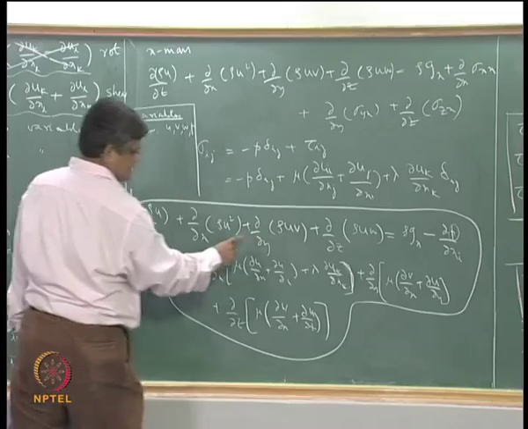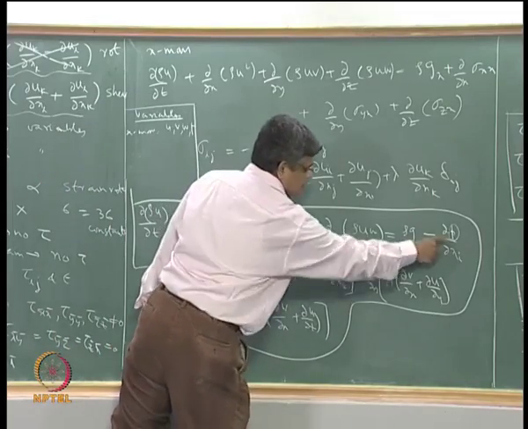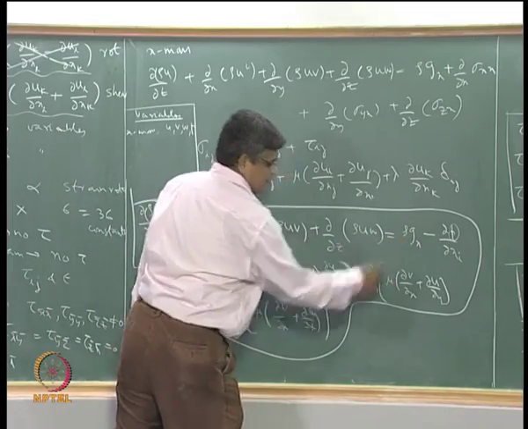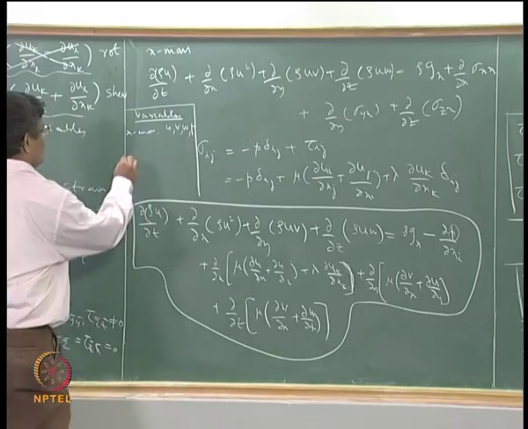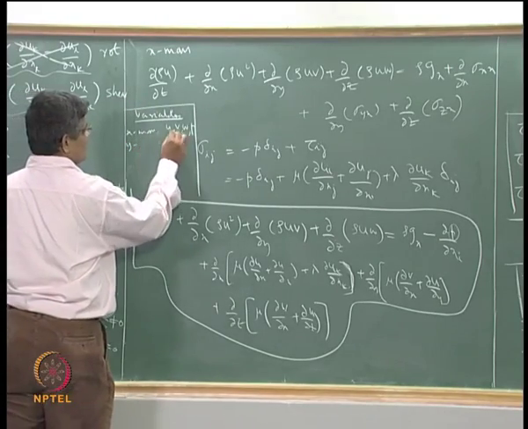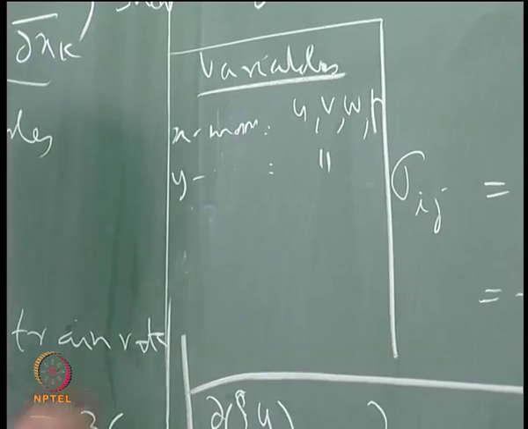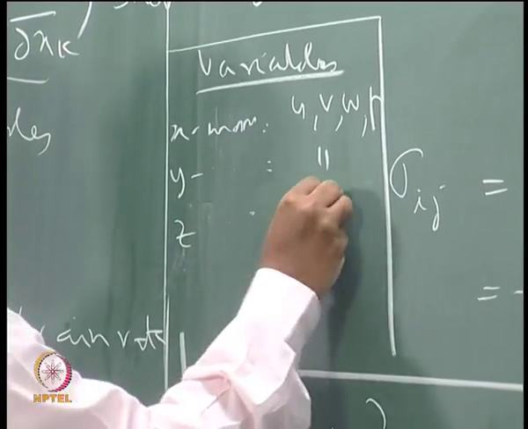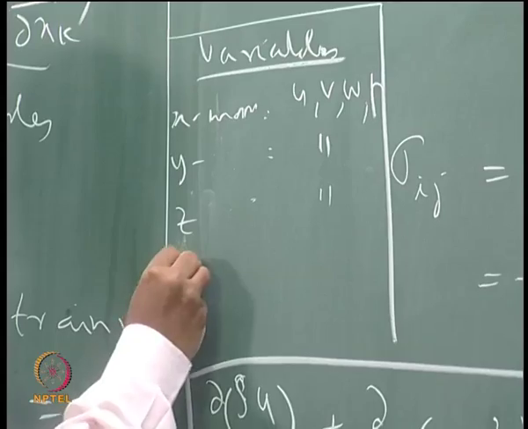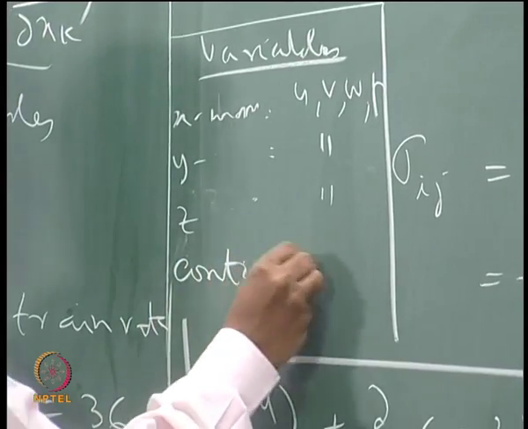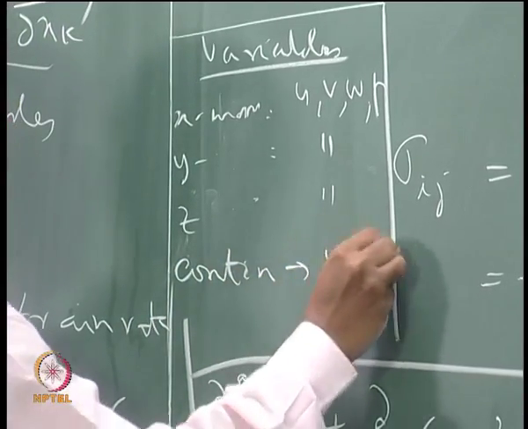U is here, v is here, w is here and p is here. Rho and g and all are specified here. In the y momentum equation also we will have the same 4 quantities, z momentum equation also will have the same 4 quantities, and in the continuity equation you will have u, v, w.